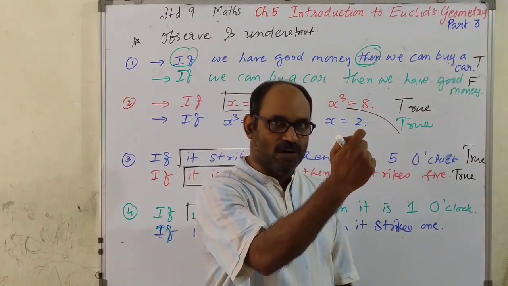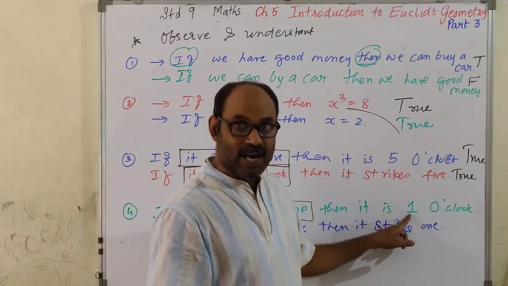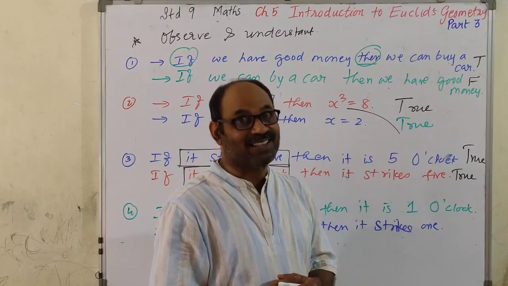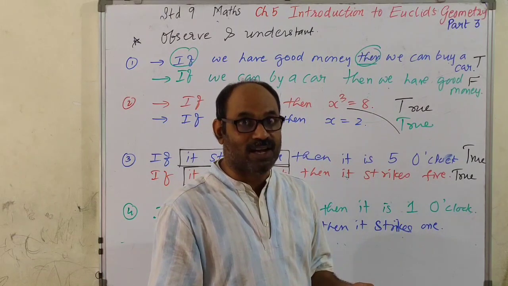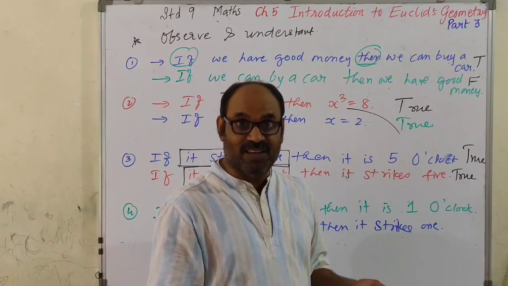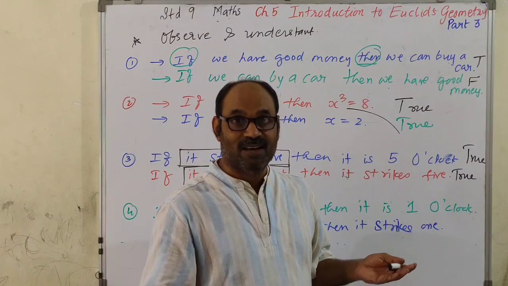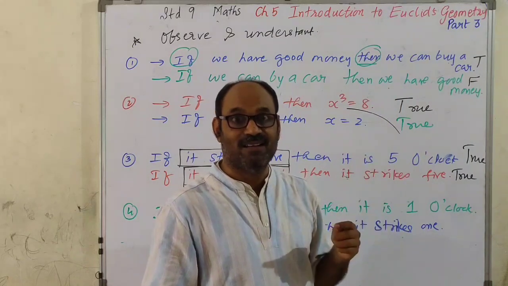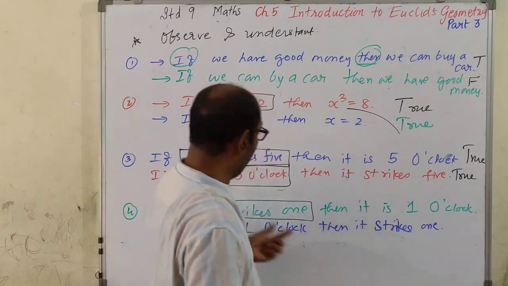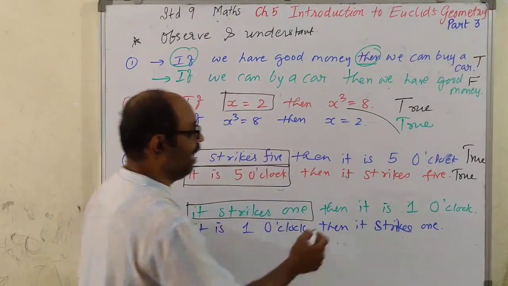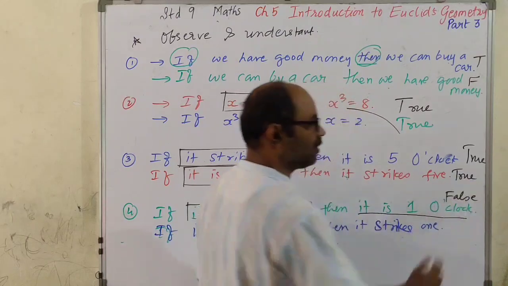The clock struck once, what time could it be? Is it 1 o'clock? It could be 1:30, it could be 2:30, 3:30, 4:30, 5:30, 6:30, 7:30, 11:30, 12:30, 1:30, anything. So if it strikes 1, every time you can't say it is 1 o'clock. So this statement is false.